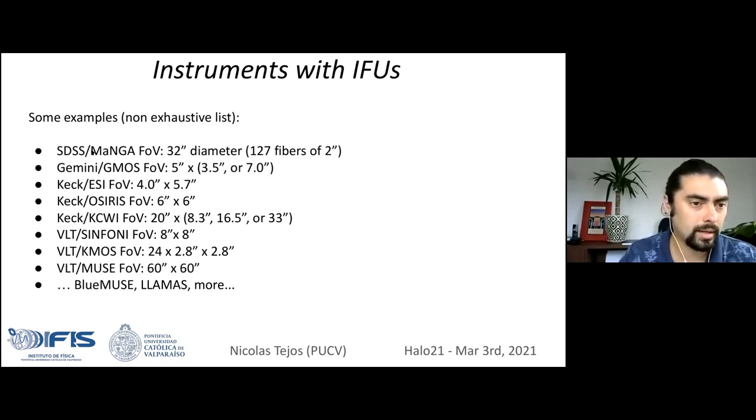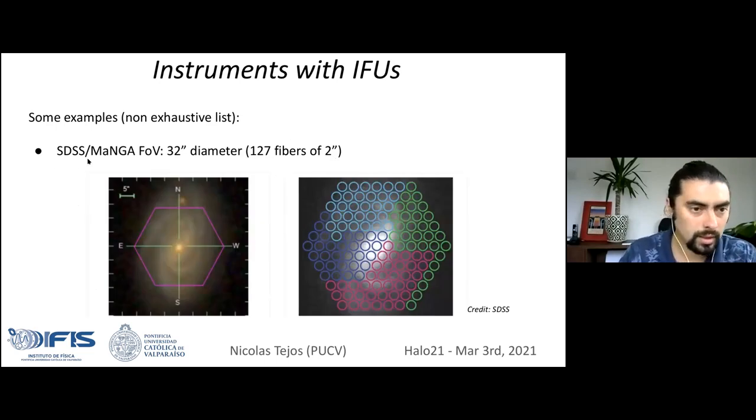from the beginning, like MaNGA. It's composed of IFUs of 32 arc seconds in diameter, made with 130 fibers of 2 arc seconds each. So the IFU of MaNGA looks something like that: a hexagon with a lot of fibers inside, and for every single position within that hexagon, you have a spectrum associated to the fiber that is closest to it.